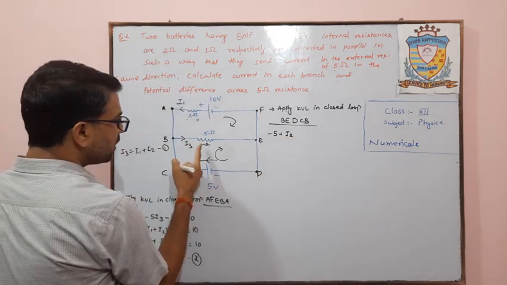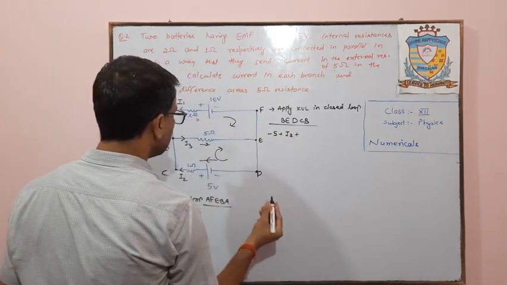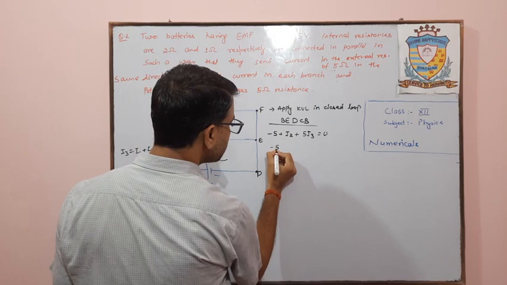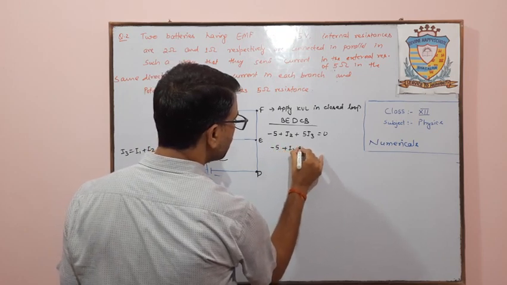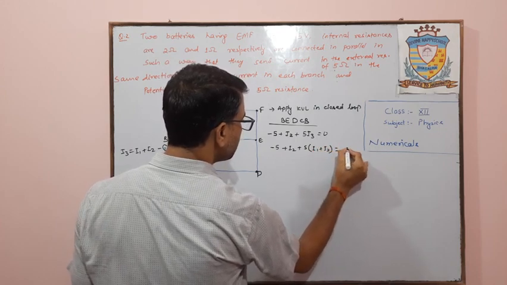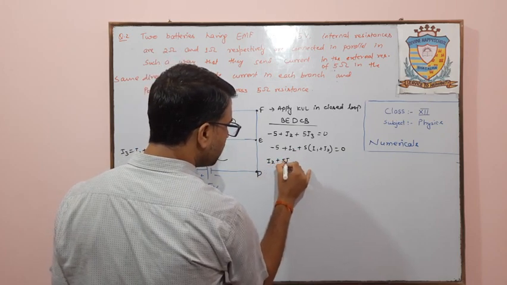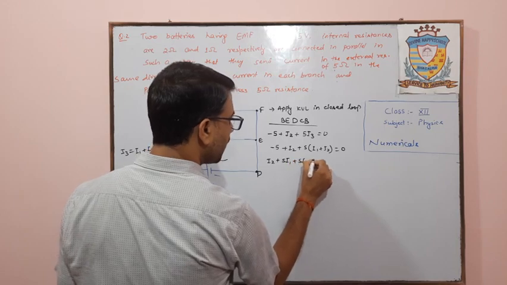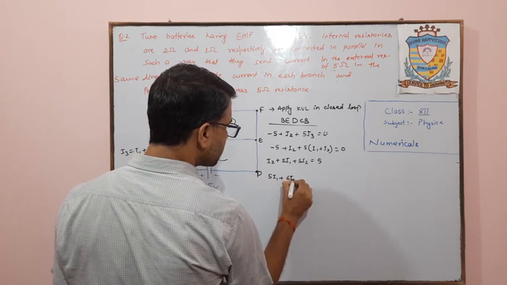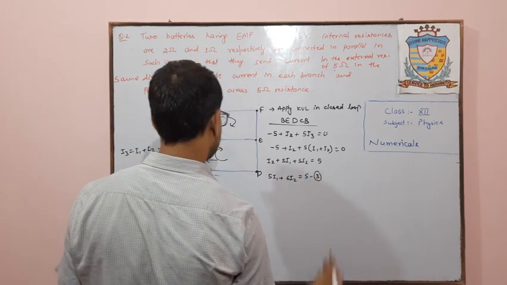In this resistance, the direction of calculation and the direction of current are again the same, so we take positive, that means 5I3 equals 0. So minus 5 plus I2 plus 5(I1 plus I2) equals 0, or 5I1 plus 6I2 is equal to 5. This is equation number 3.